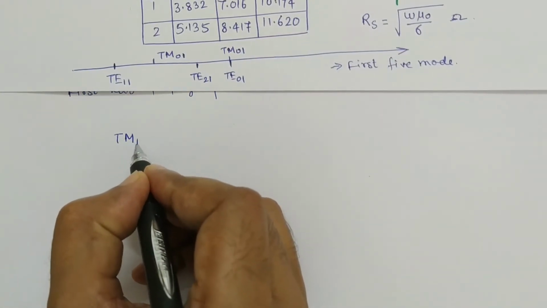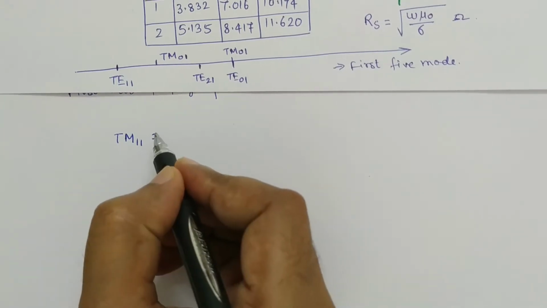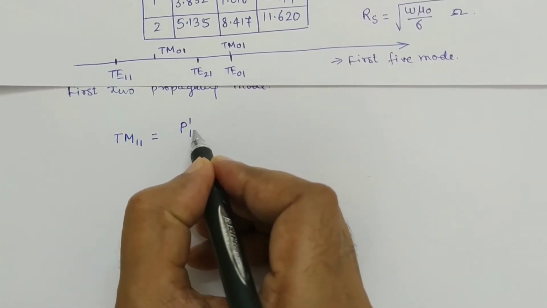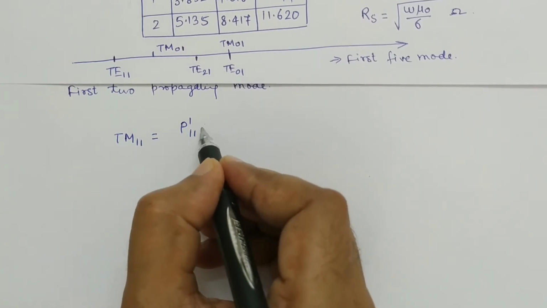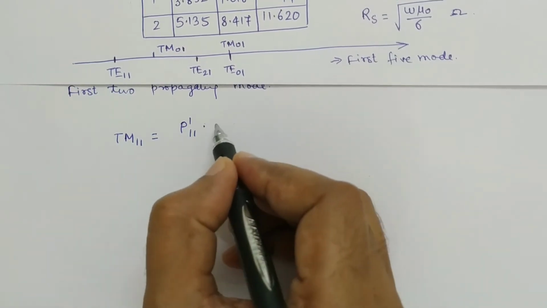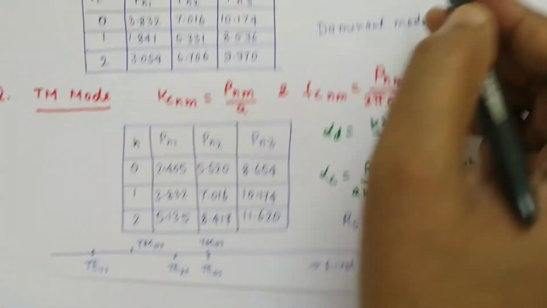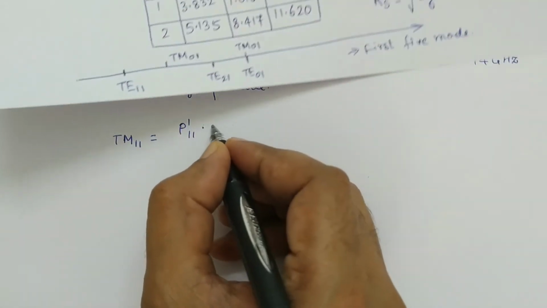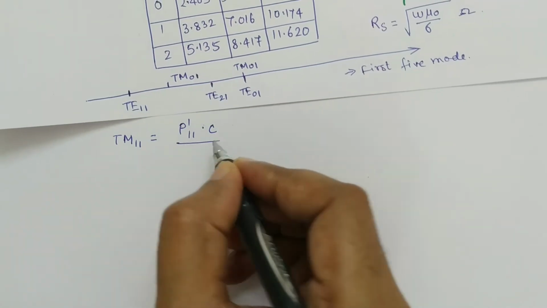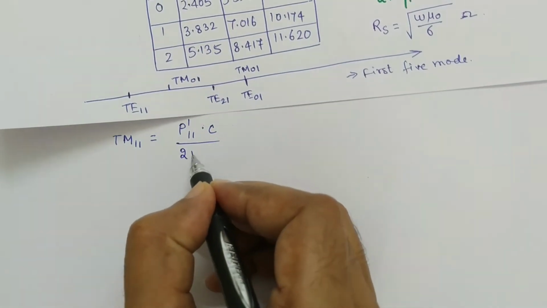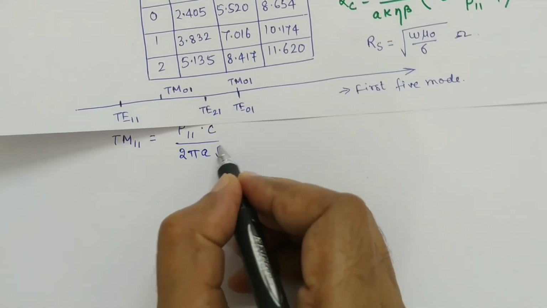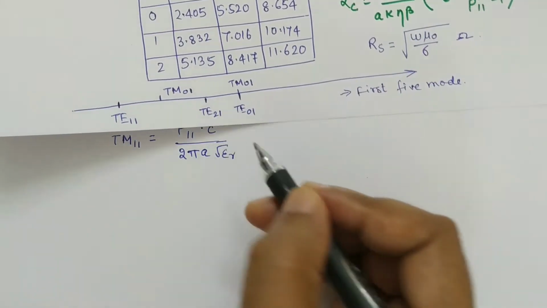So the first propagating mode will be TE11 and we can find that value by P11 dash into 1 by root mu epsilon, which is C, so C divided by 2 pi A under root epsilon r.